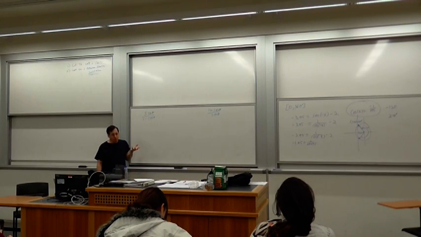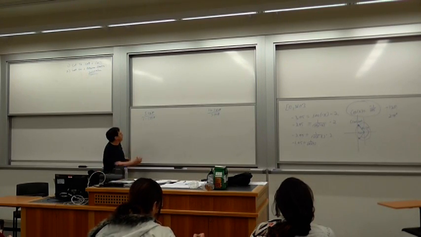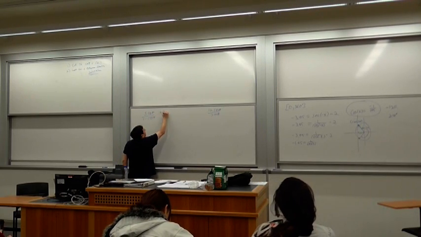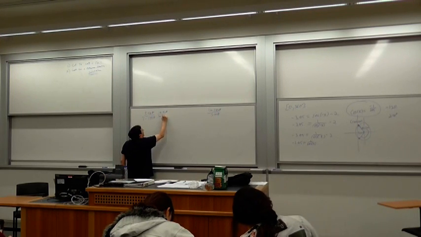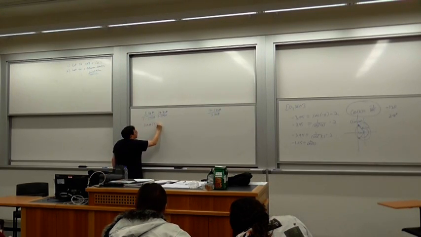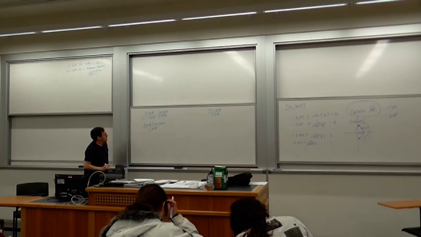It just comes up all the time. So let's try that. Let's multiply this by 1 plus cosine theta, and this times 1 plus cosine theta. And we get sine theta times 1 plus cosine theta over sine squared theta.